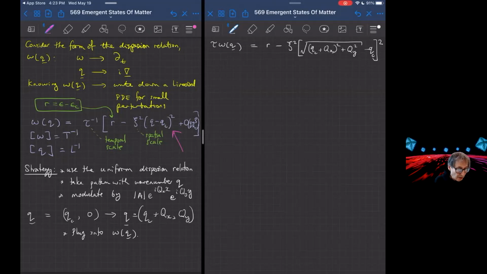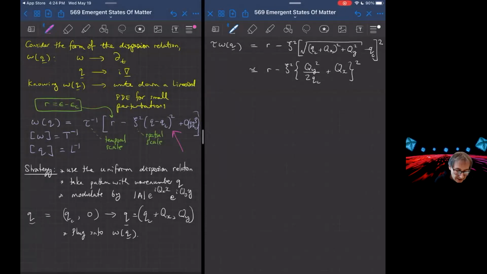Okay, so now let us expand the square root. I'm going to write this as approximately equal to r minus xi squared into qy squared over 2 qc plus qx, and this whole thing squared, like so. So that's just expanding this out.